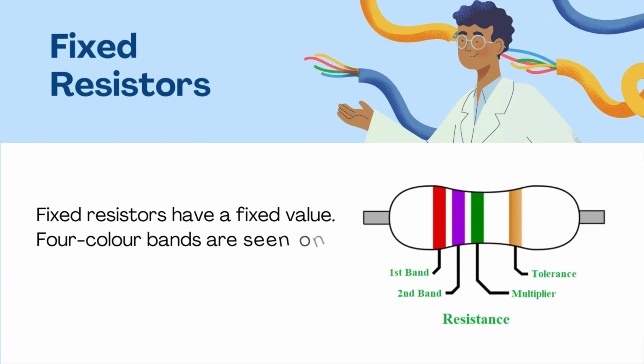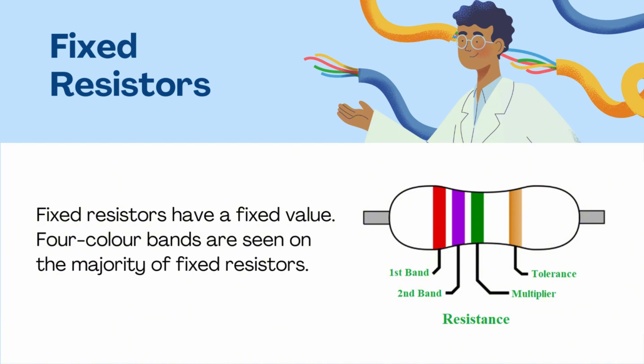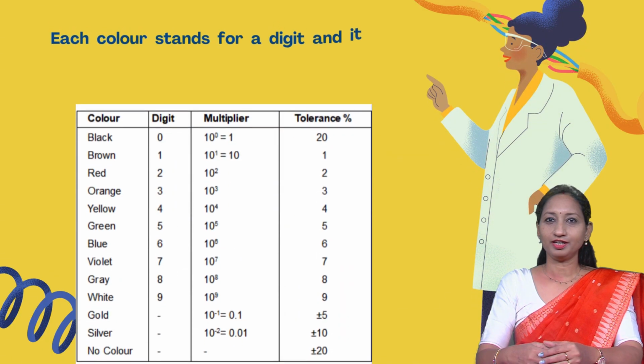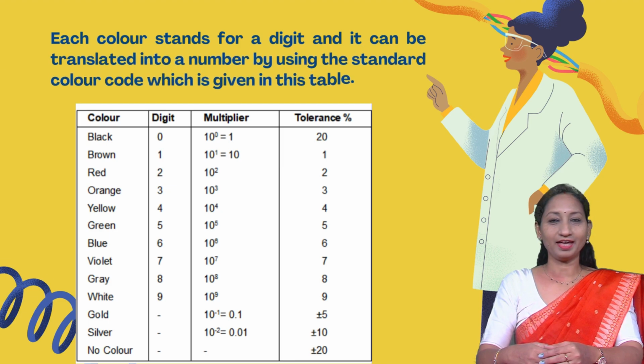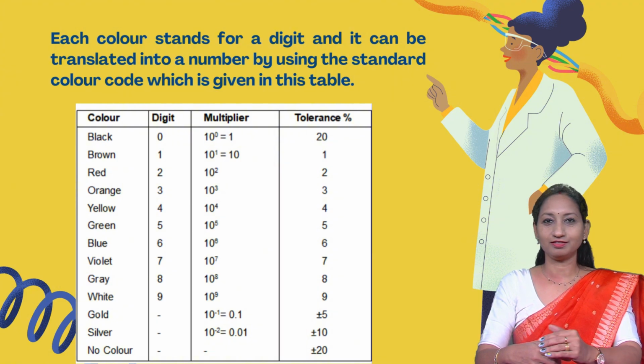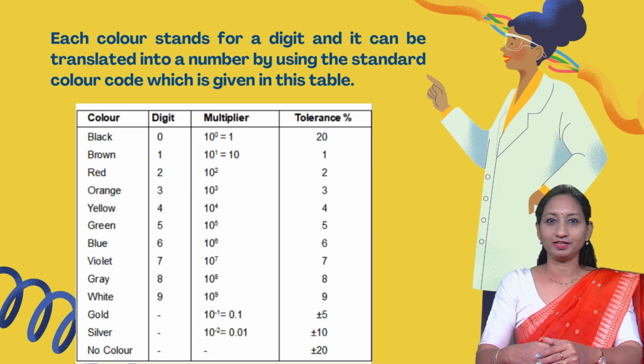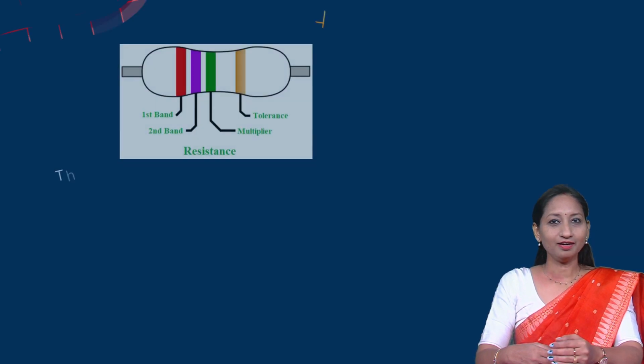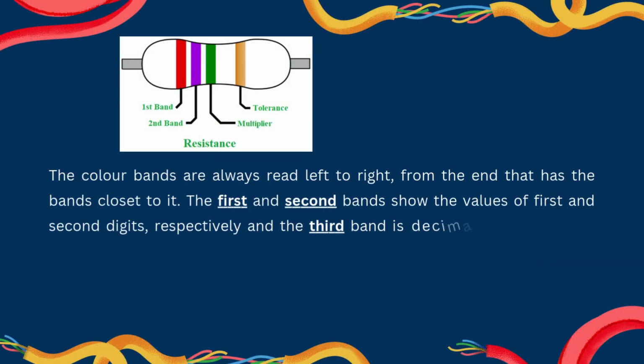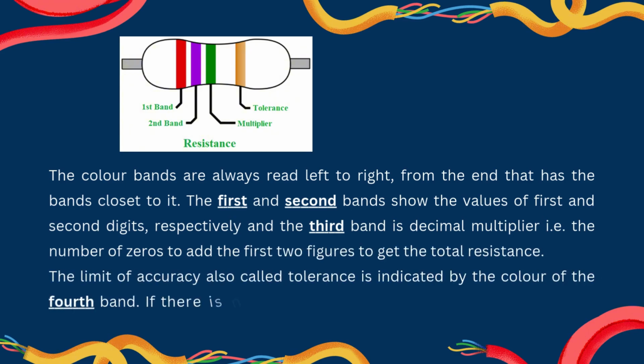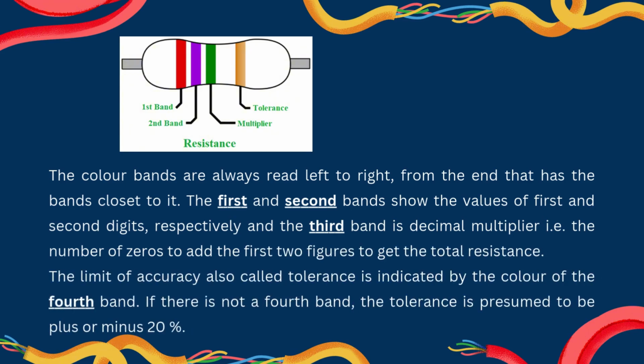4 color bands are seen on the majority of fixed resistors. Each color stands for a digit and it can be translated into a number by using the standard color code which is given in this table. Here black represents 0, similarly brown is 1, red is 2, like this. The color bands are always read left to right from the end that has the band closest to it.